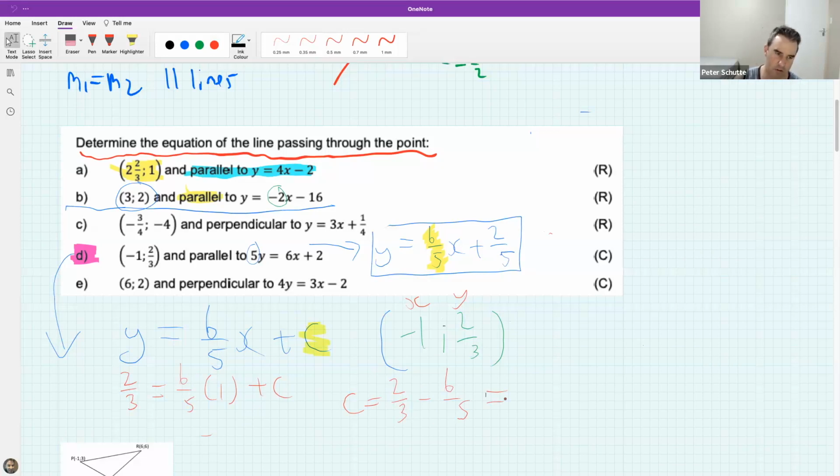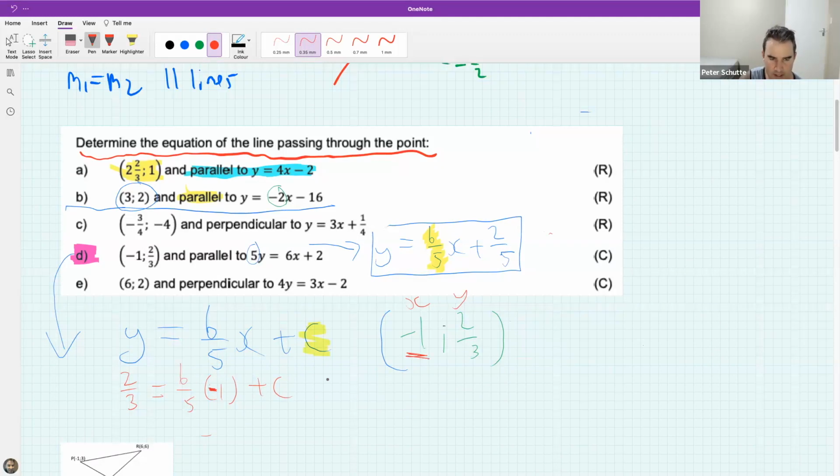So watch out for this, because if this is 2/3, oh, guys, what did I do wrong? This should be -1, and so this should be positive 6/5. I must watch out for a silly mistake there. So let me reverse, and then I'll show you why I was being a bit strange there.